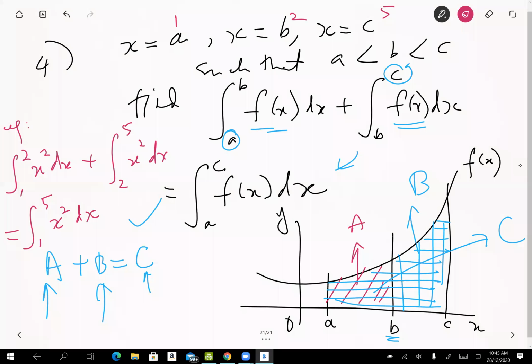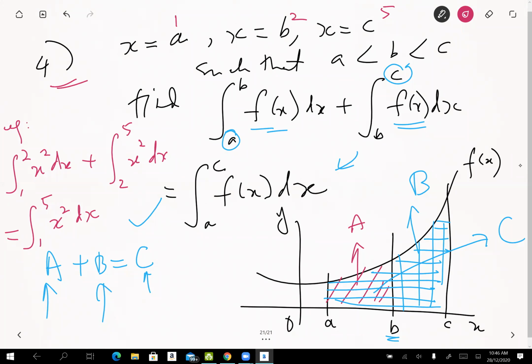So that is another rule, and this rule can be very, very helpful. Okay, so this is the rule that I didn't mention. Any question?